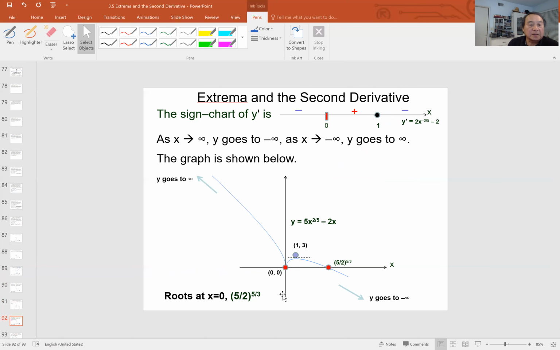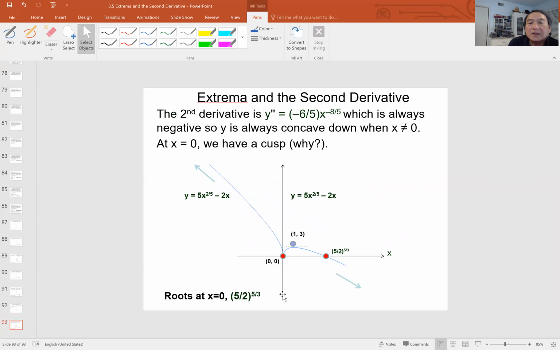So this is the graph using the sign chart and the first derivative. And here's what the second derivative tells us. If you think about a bug crawling along this curve, you'll keep making a right turn.